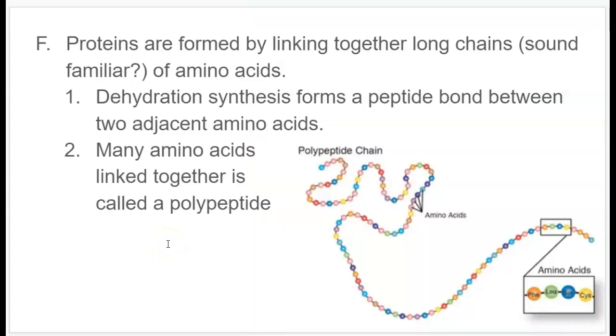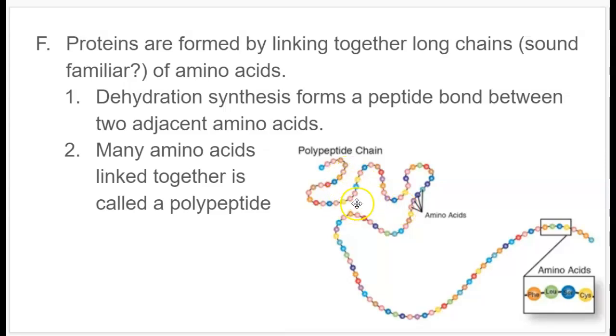All right, so proteins. Again, proteins are formed by linking together long chains. Just like we talked about with lipids, just like we talked about with carbohydrates, we have that process of dehydration synthesis that's connecting all these monomers. And so what we have, again, is a specific type of chemical bond formed between all these little dots, which represent amino acids, and that's called a peptide bond.